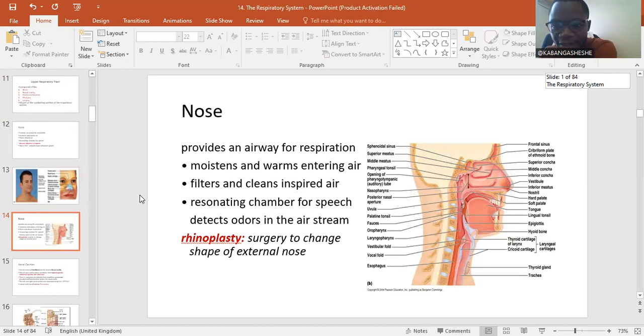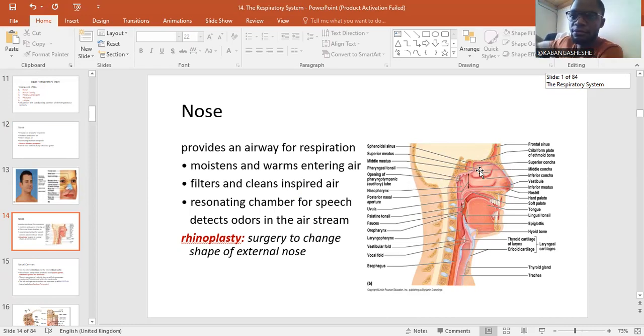So we're saying the nose is divided into two parts, external nose and internal nose. Now, here is a difference. The external nose, inside there is skin, whereas the internal nose inside is respiratory epithelium, what you call pseudostratified columnar epithelium.